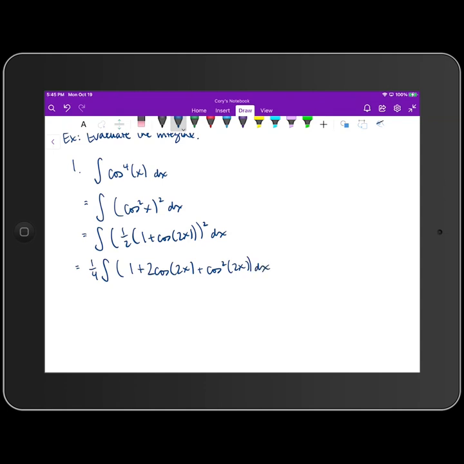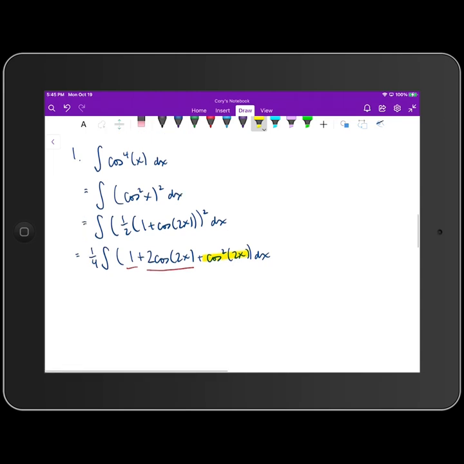Now we've made some progress because we can integrate those first two terms, but we still cannot integrate the cosine squared of 2x. So I'm going to have to use the power reducing formula to rewrite the cosine squared of 2x.